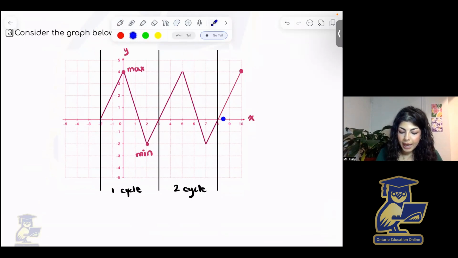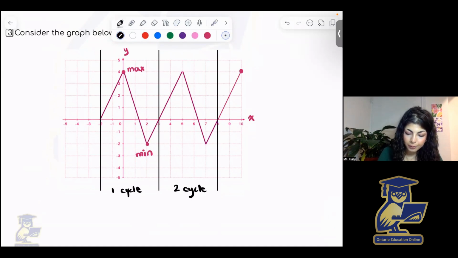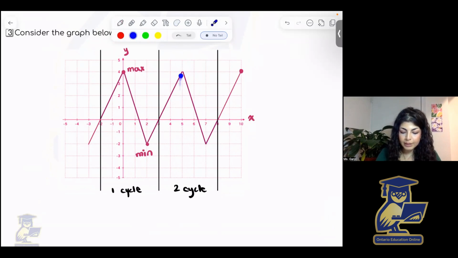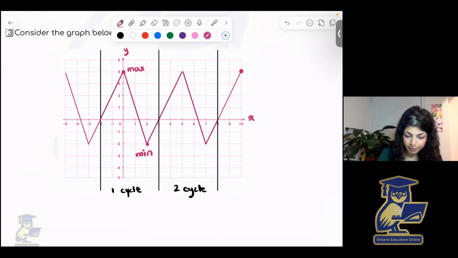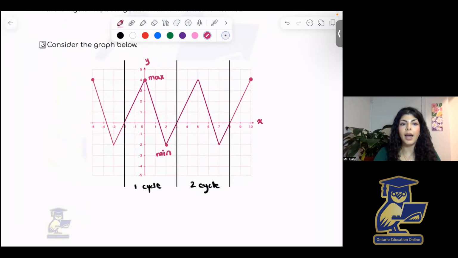So from the end point, now if I'm going backwards, I know that over 1 unit, I go 2 down. So I would end up here. And then again, from this side, over 2 units, I'm back at that 4. So this is my graph extended in both directions based on the values that I have so far.